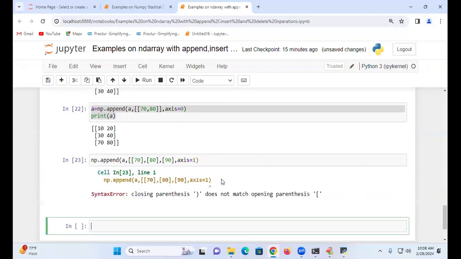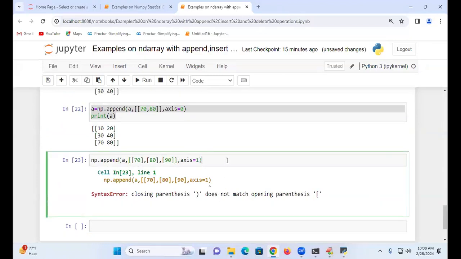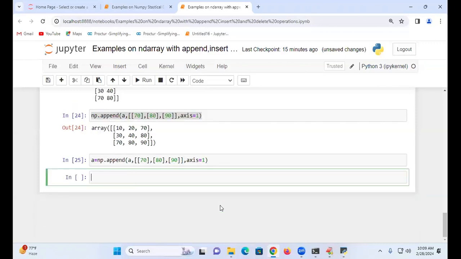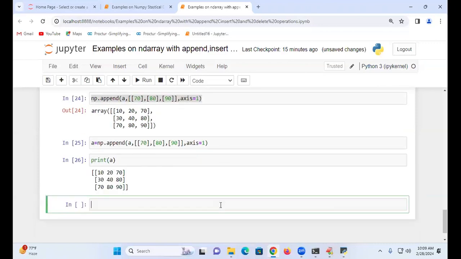So see that, closing bracket, one more bracket. So it is going to contain something like this. Are you following this? You can put it into this place also, like A is equal to, print of A. This is called our appending.